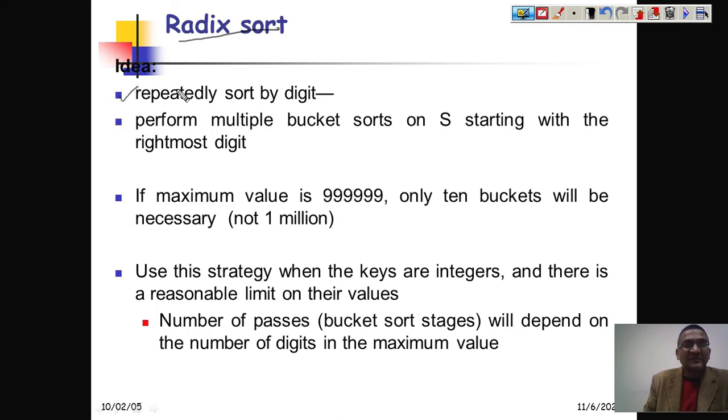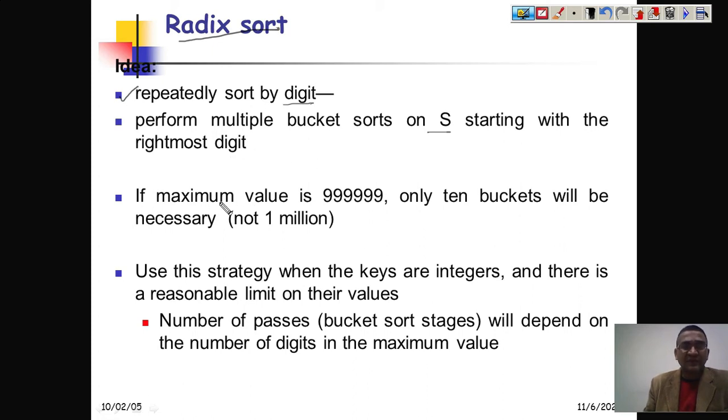The basic idea is that we sort based on digits, not on the whole number. We perform multiple bucket sorts on S, starting with the rightmost digit, the least significant digit. We can start comparing on that.